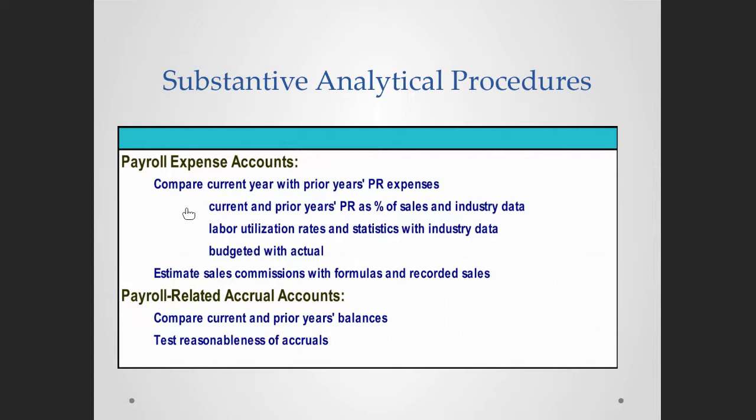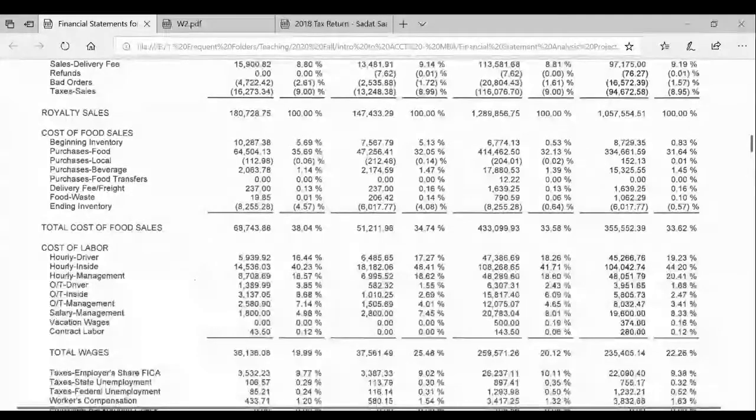So what we do first here is compare the current year with prior year payroll expenses, and we also look at the current and prior year's payroll as a percentage of sales and industry data. So let's take a look at what we mean by that, using a real set of financial statements.